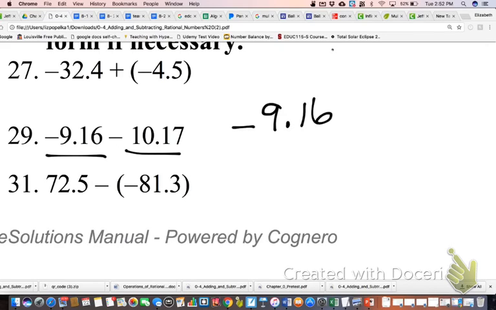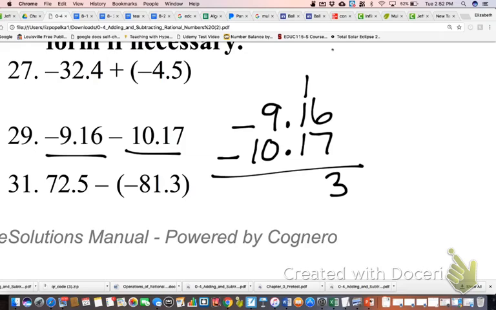So negative 9 and 1600ths, and negative 10 and 1700ths, and then I'm just going to add them together. So 6 plus 7 is 13, carry my 1, 1, 1, 1 is 3, 9, 1, and they're both negatives. Again, I'm just adding those negatives together. So that is a negative 19.33.